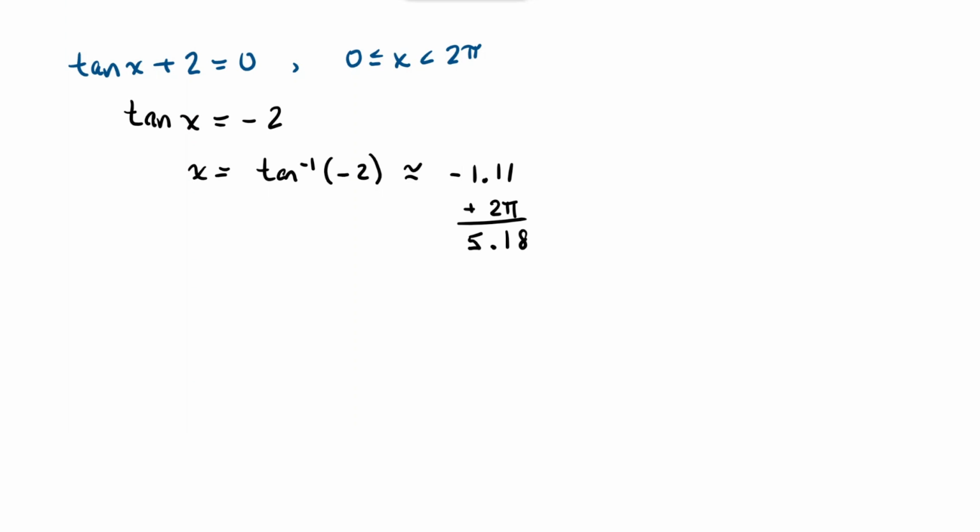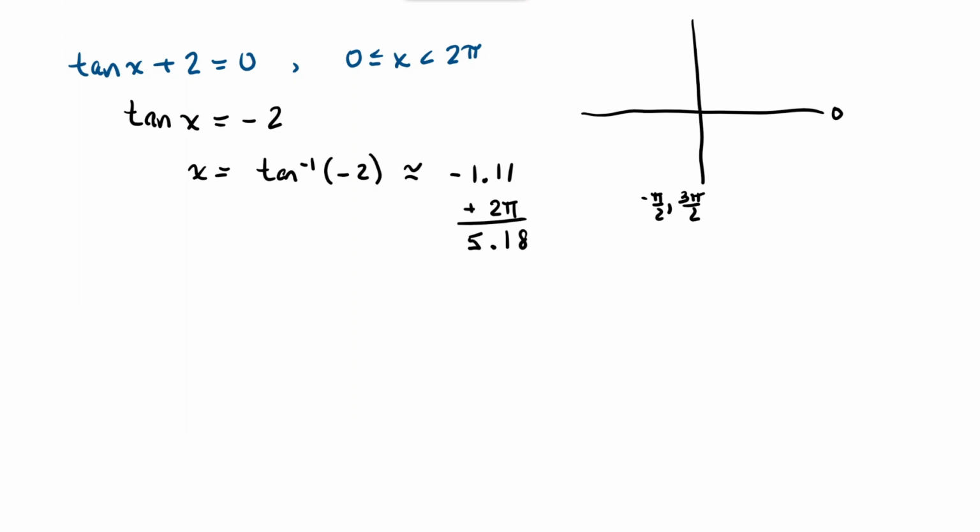Okay, so what quadrant is that angle in? Well, we could use -1.11 or we could use 5.18. Since this is 0 and this could either be looked at as 3 pi over 2 or -pi over 2, I know that pi over 2 is 1.57, so that means that in radians is -1.57, or the decimal equivalent of 3 pi over 2.